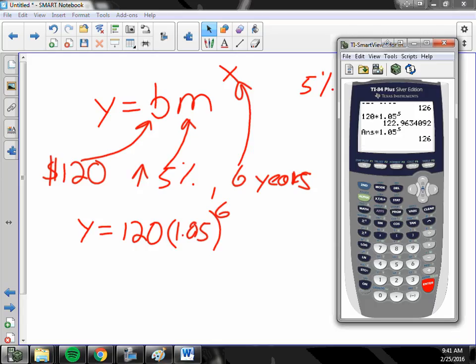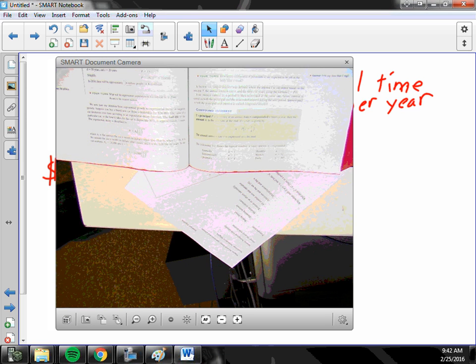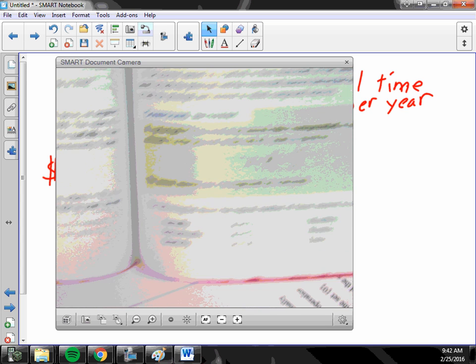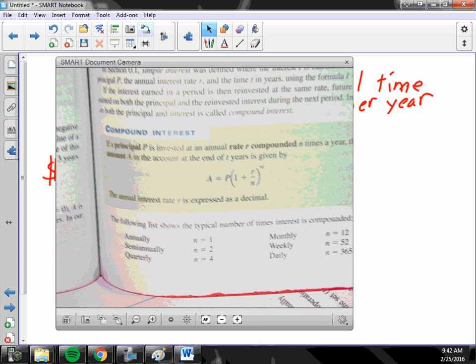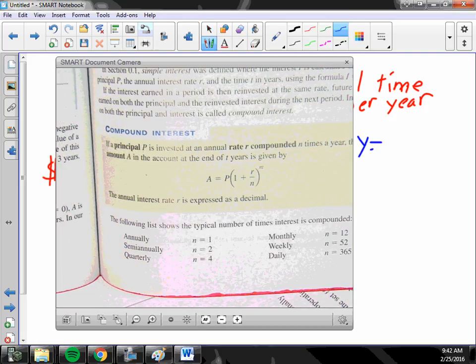So if you look in your book, look back at page 351. 351 gives you the equation. And our original equation, y equals b times m to the x, only works if you get paid interest one time at the end of the year.